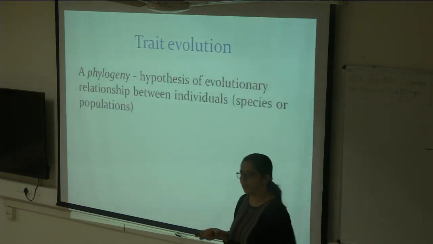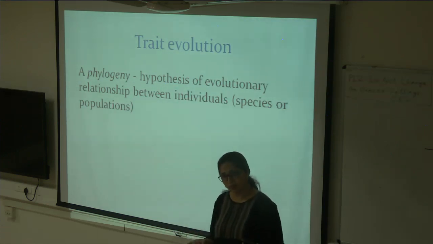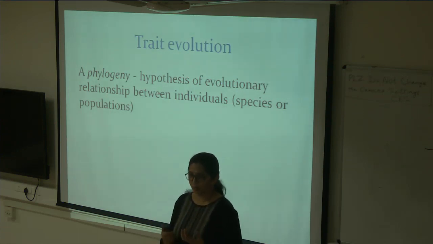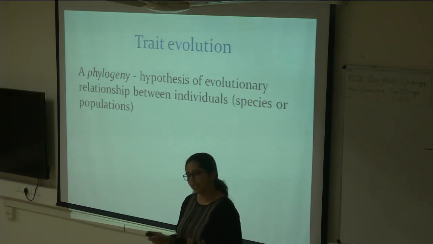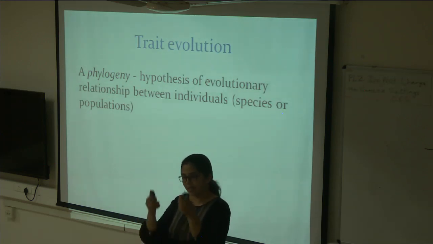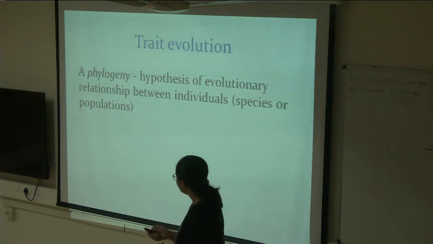What is a phylogeny? It's the hypothesis of how species are related to each other. I'm using the word species, but whichever scale at which you want to think about traits, you can think about phylogeny of that scale. It could be at the genus level, family level, order level, wherever that trait is consistent within that particular group of taxa.